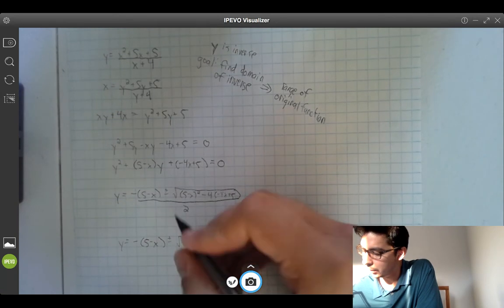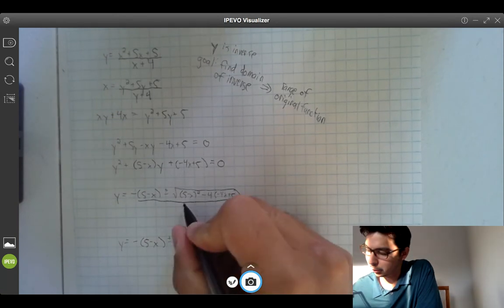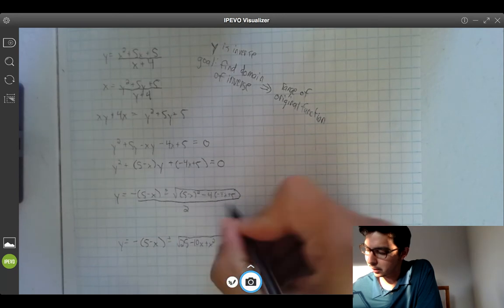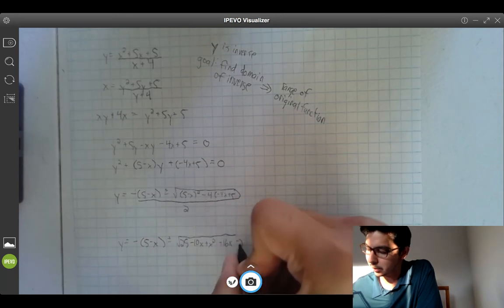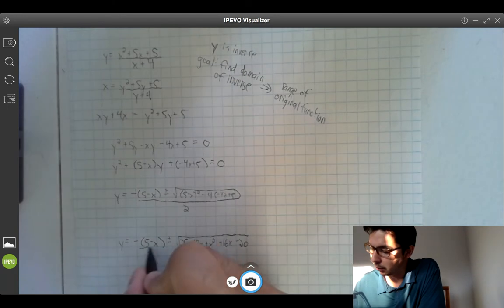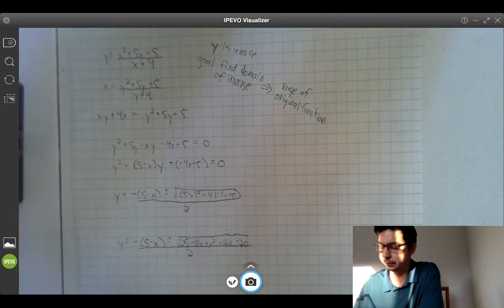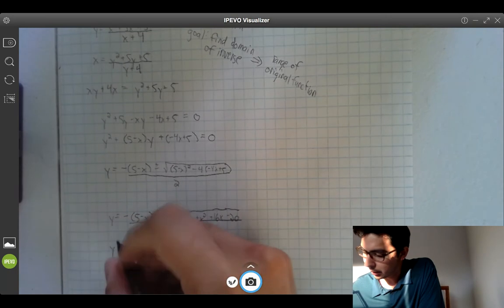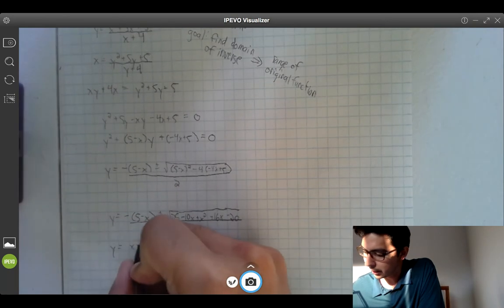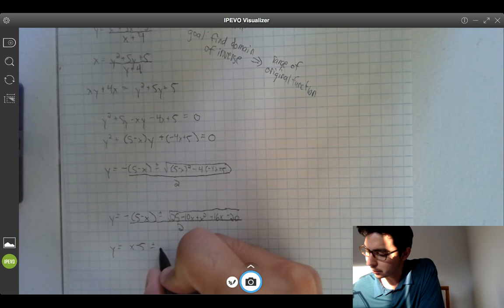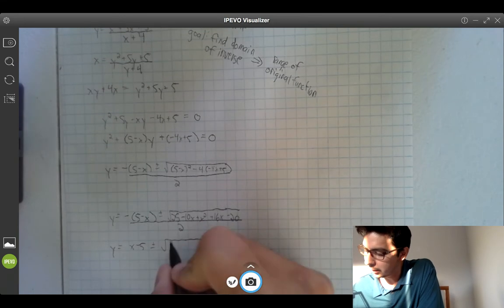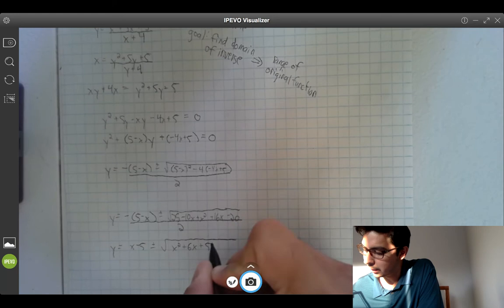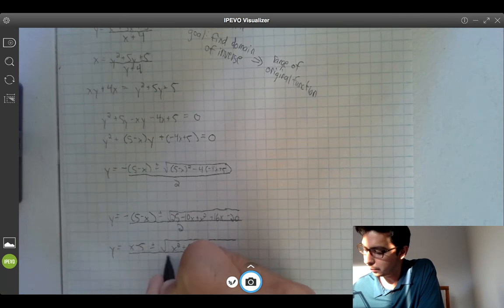That would give you 5 multiplied out, 25 minus 10x plus x squared, plus 16x minus 20, all over 2. Then we simplify one step further. You'd be at negative 5, so x minus 5, plus or minus the square root of x squared plus 6x plus 5, all over 2.